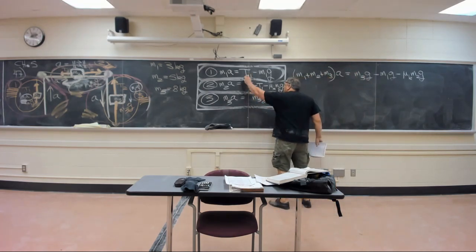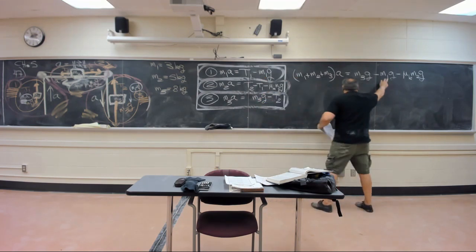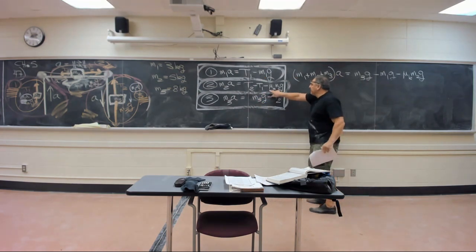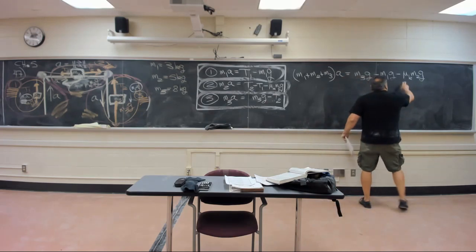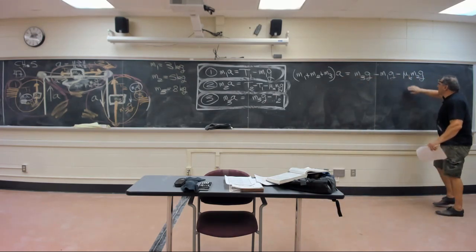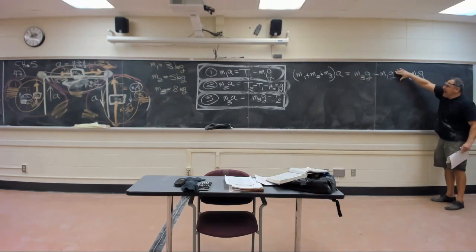Let's confirm it again. T1 minus T1 is 0. T2 minus T2 is 0. M3G minus M1G. And there's another minus, guys. There's that guy right there, mu sub k M2G. Whoa! This guy makes it smaller. If he wasn't there, you'd have a bigger acceleration. The fact that he's there, he made it smaller.